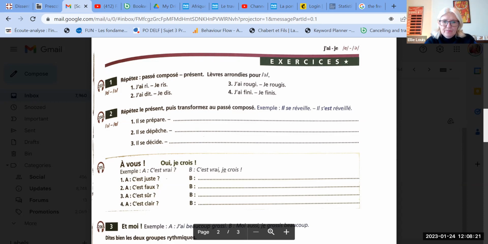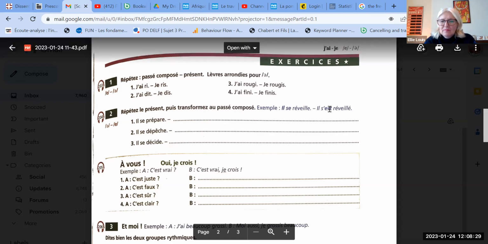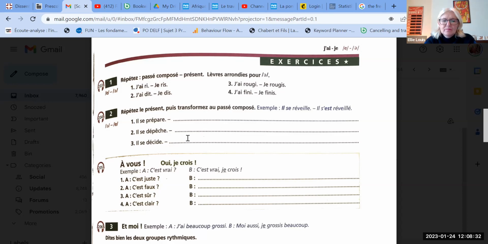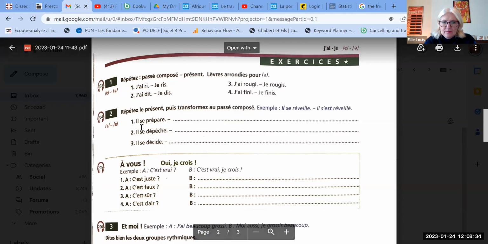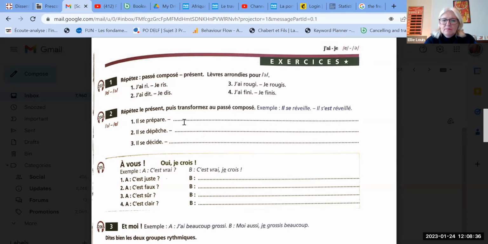Leçon 22. Exercice 2. Here we go. Exemple. Il se réveille. Il s'est réveillé. 1, Il se prépare. Il s'est préparé.